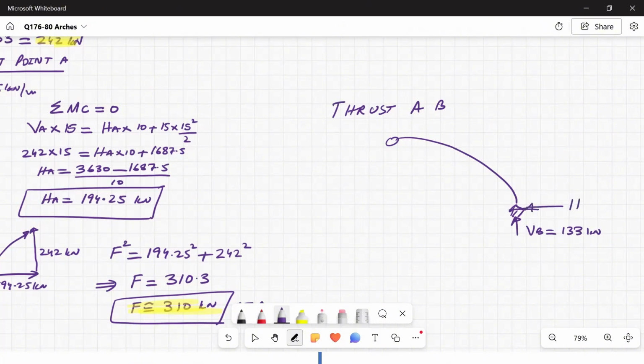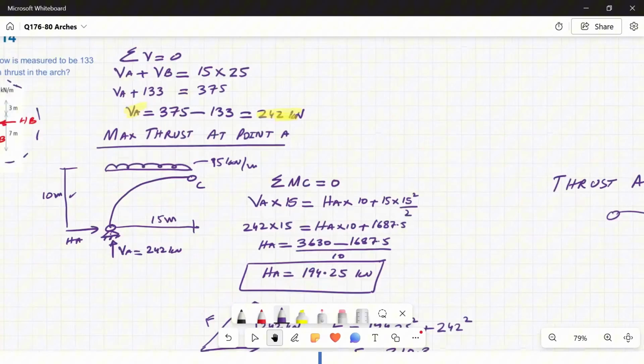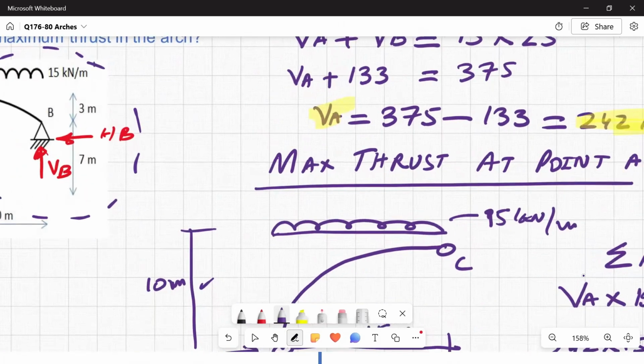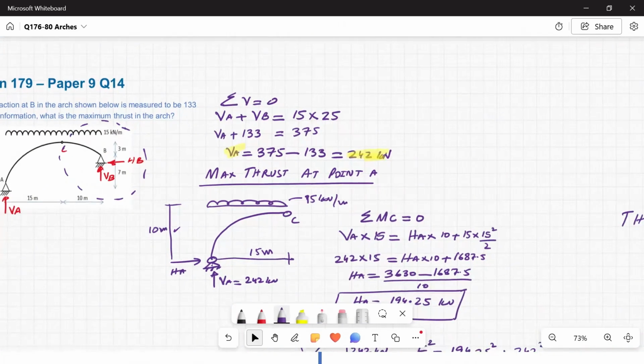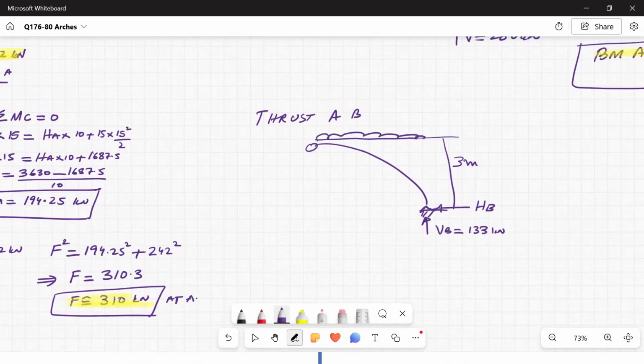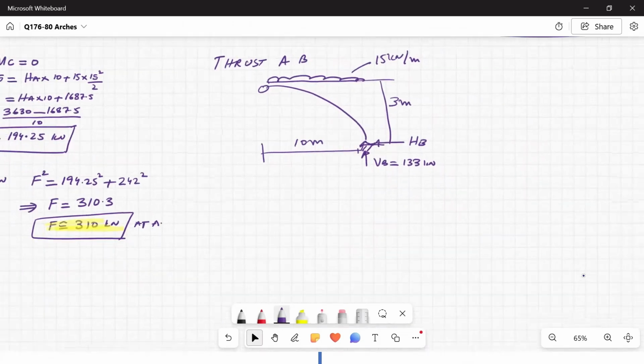HB we need to find out, and the distance from B to the crown is 3 meters. We have a UDL of 15 kilonewton per meter, and the distance is 10 meters.